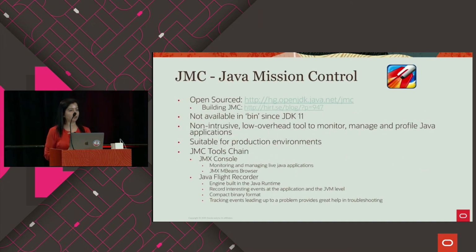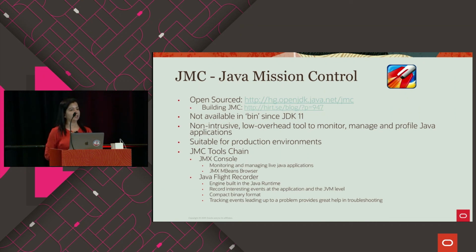Java Mission Control, which was there in the JDK bin folder until JDK 10, was removed in JDK 11, and it has been open sourced. The second link here provides detailed information about how we can build JMC.